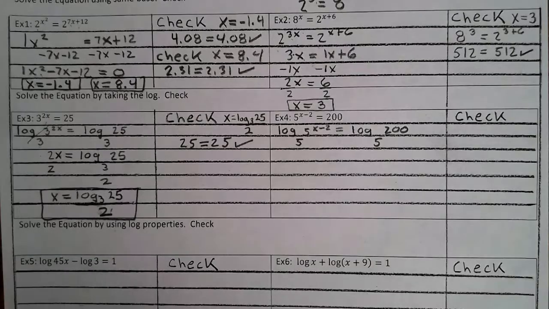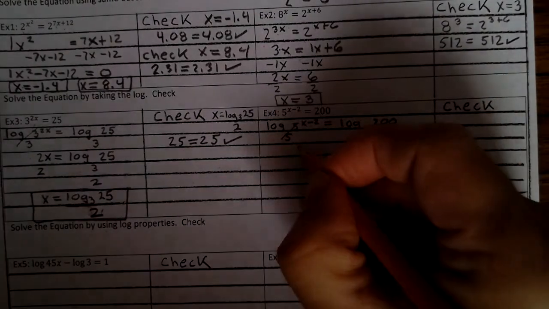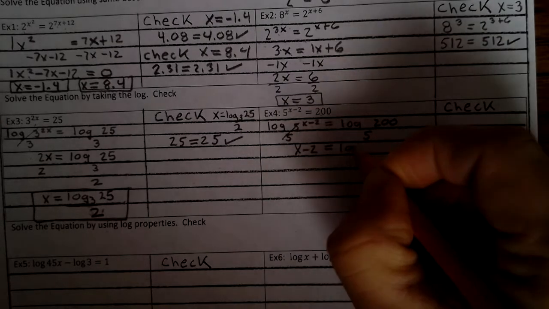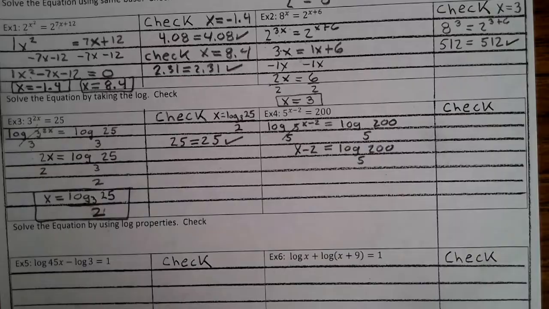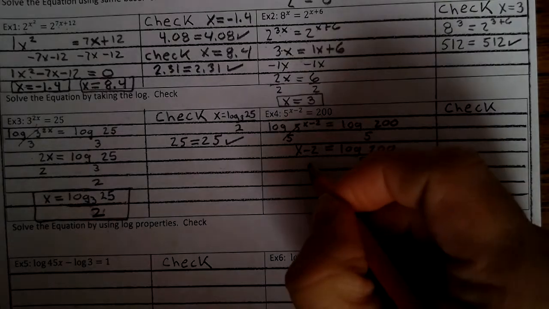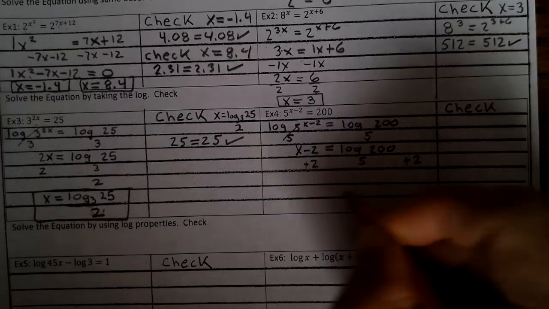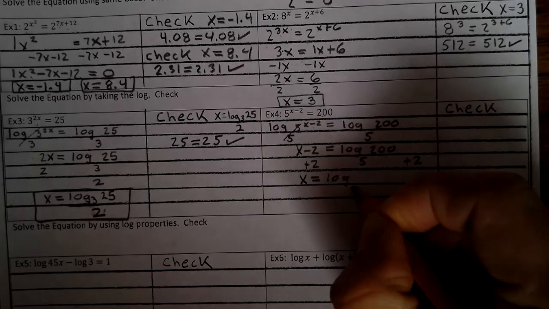This becomes 1, so you're left with x minus 2 equals log base 5 of 200. We're going to add 2 to both sides. So x equals log base 5 of 200 plus 2. And we're going to leave our answer.